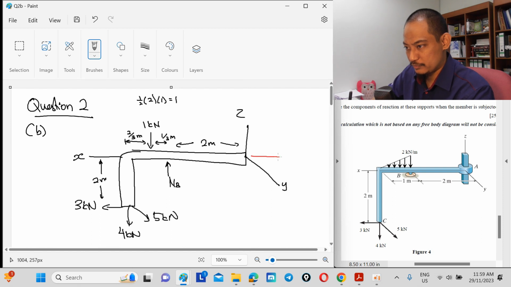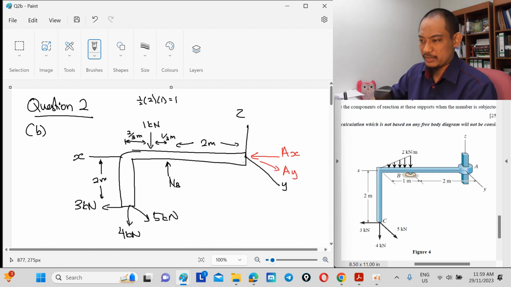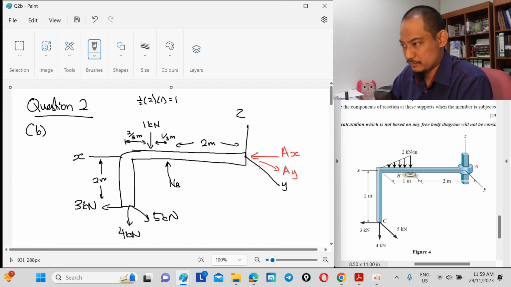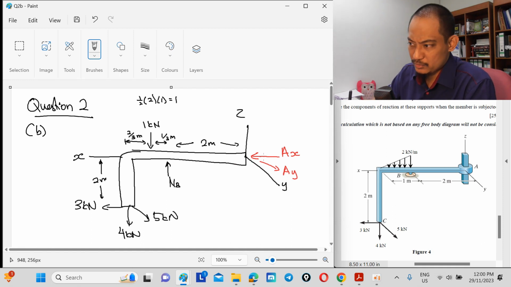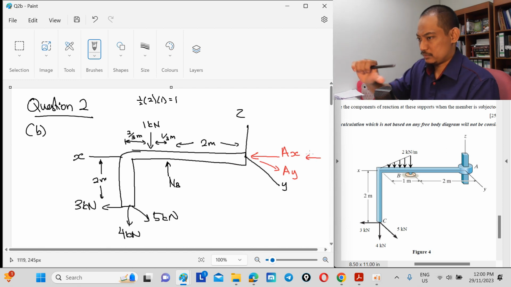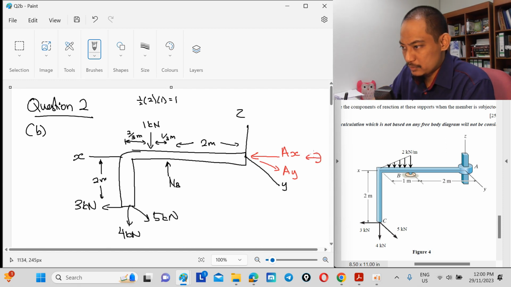Obviously it cannot move in this direction, so you have AX. It cannot move in this direction, so we have AY. It can move freely up and down, so we do not have AZ. It cannot rotate about X, so MAX.